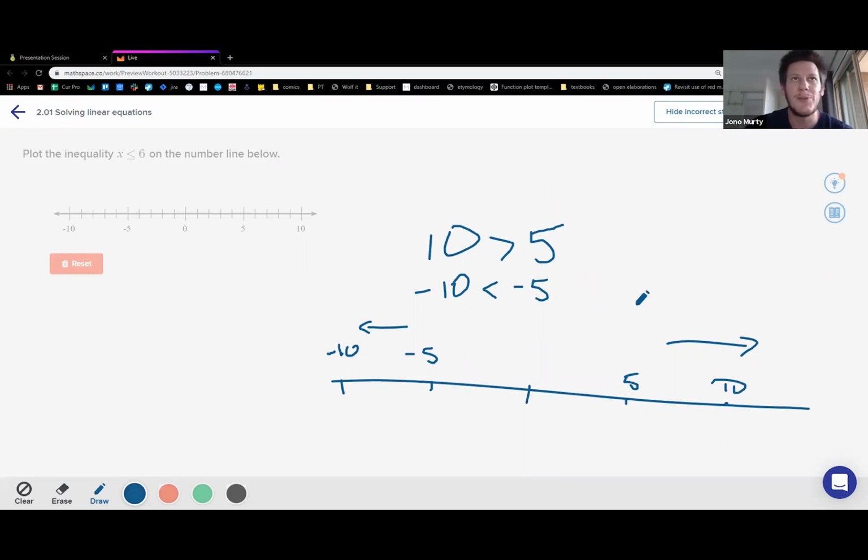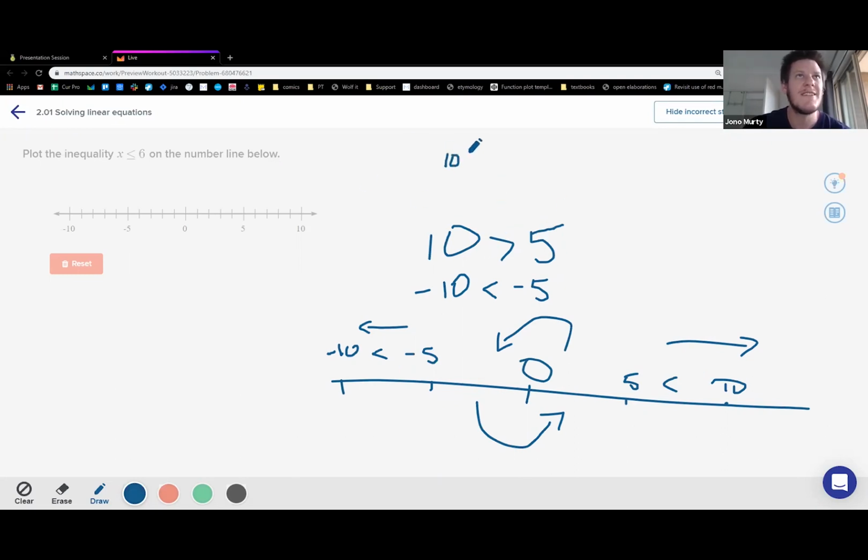If something's multiplied or divided by -1, we're basically jumping from one side of 0 to the other. And so you can see here, 5 is less than 10, but -10 is less than -5. So it's basically like I was switching everything around.